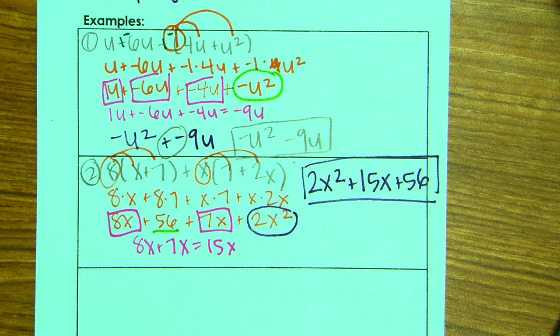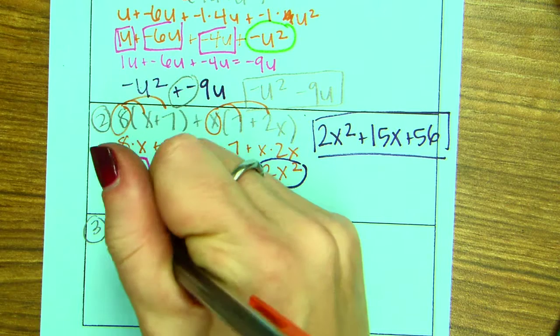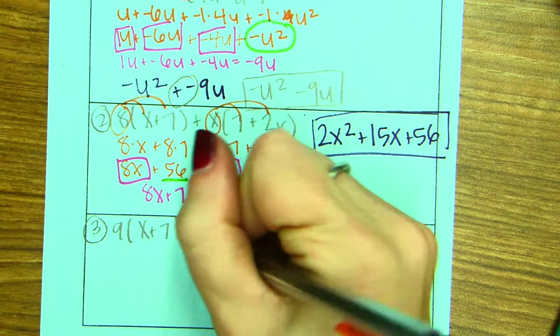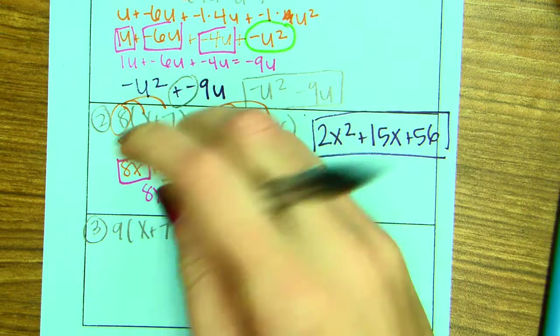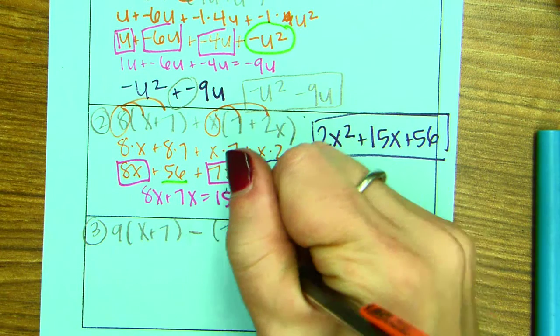Okay, for our last example, I'm going to do number 3, 9 times x plus 7 minus 7x plus 2.